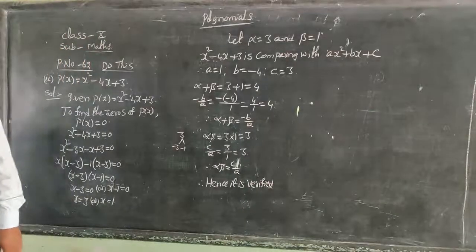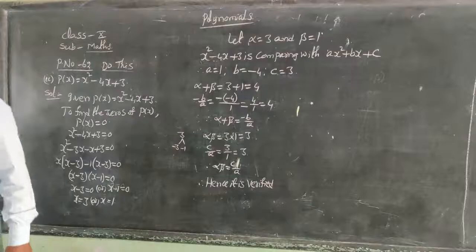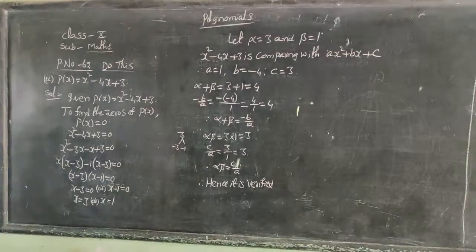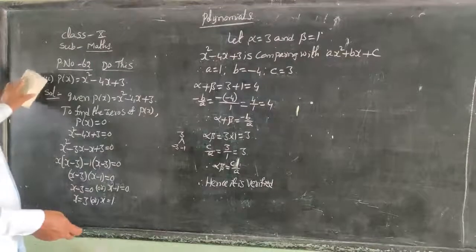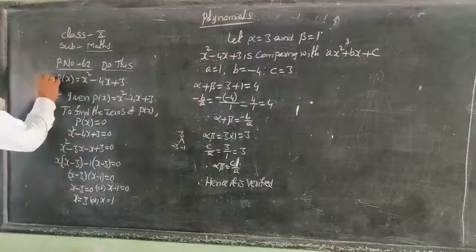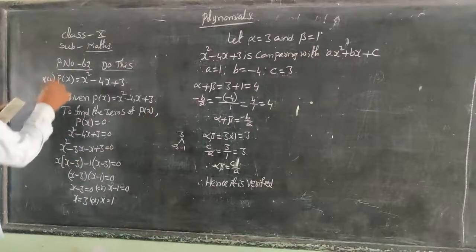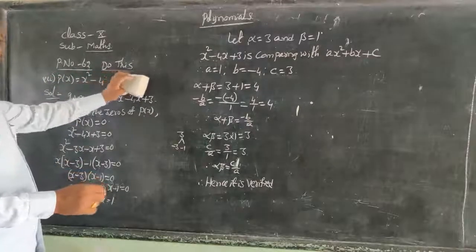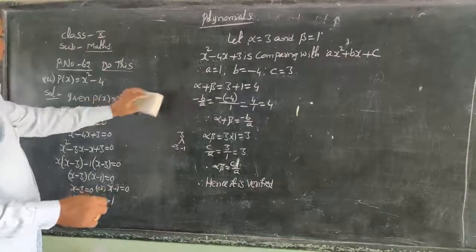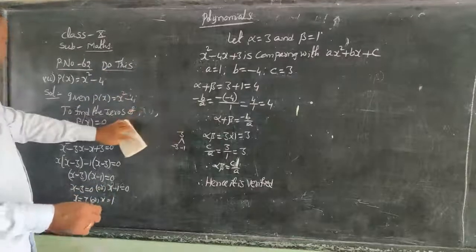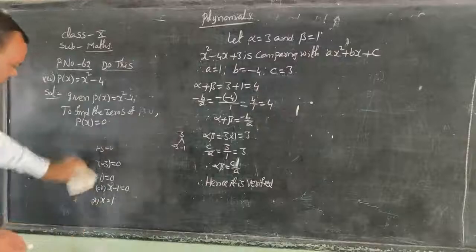So next one is p of x is equal to x square minus 4.